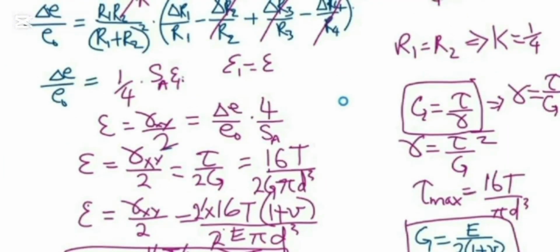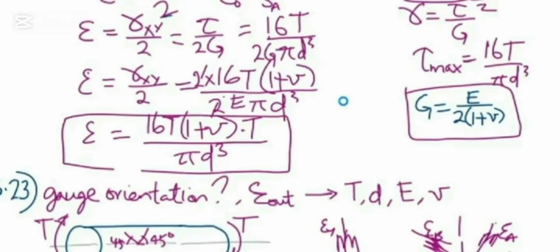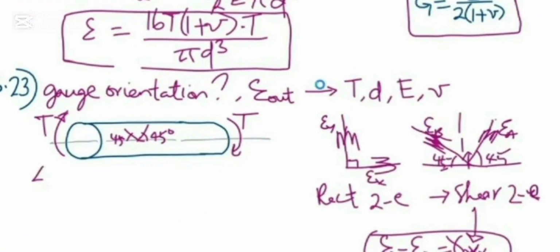So in this case, we'll end up with circuit sensitivity. Let's look at the circuit. Change in E all over E is equal to what? At maximum circuit sensitivity, it is going to be 1 over 4, and we can factorize out the strain gauge factor SAE. So it's going to be E1 minus E2, the tensile and the compressive.